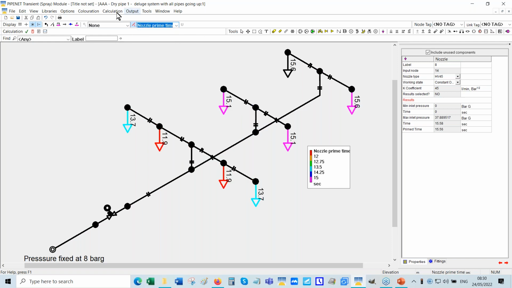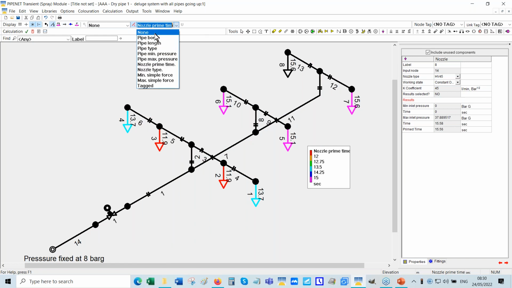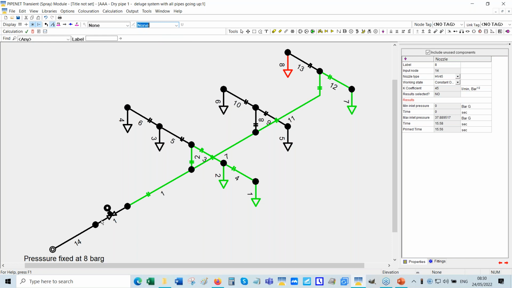You can show that here. But let's look to see. Look, this pipe, write it down: 1, 7, 11, 12, and nozzle 7, let's say 2, and 1. They're of interest to us. So let's have a look. Pipe 1.